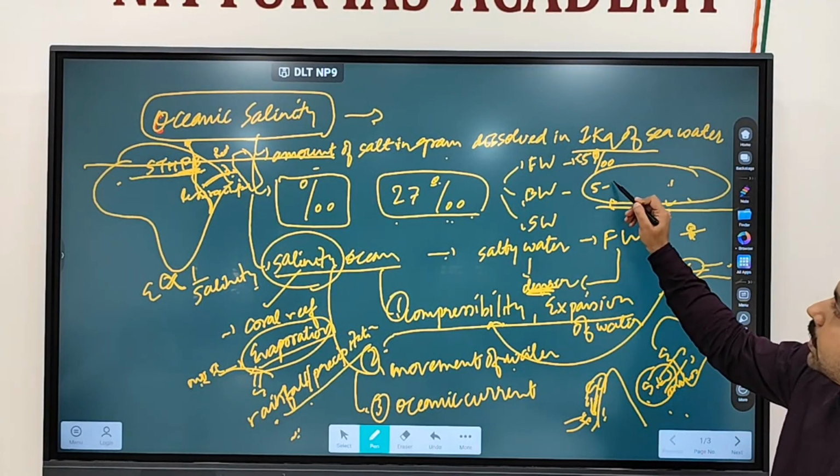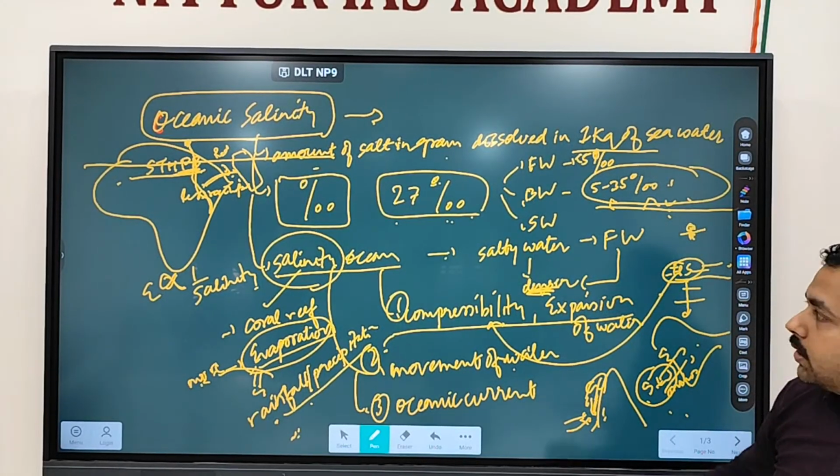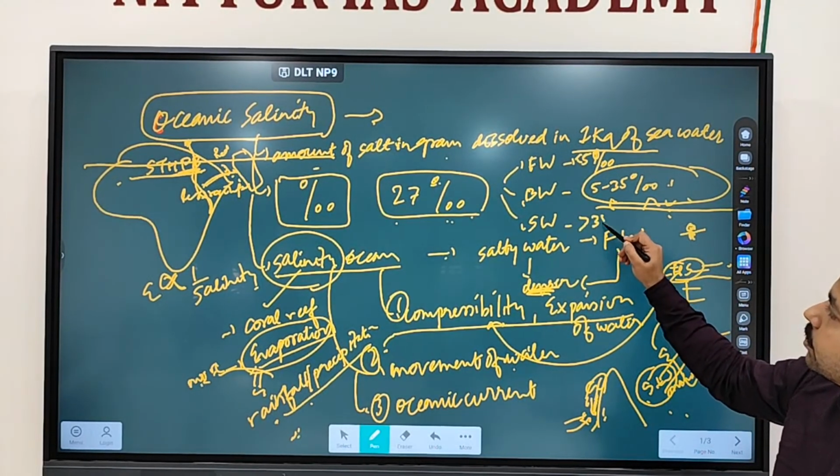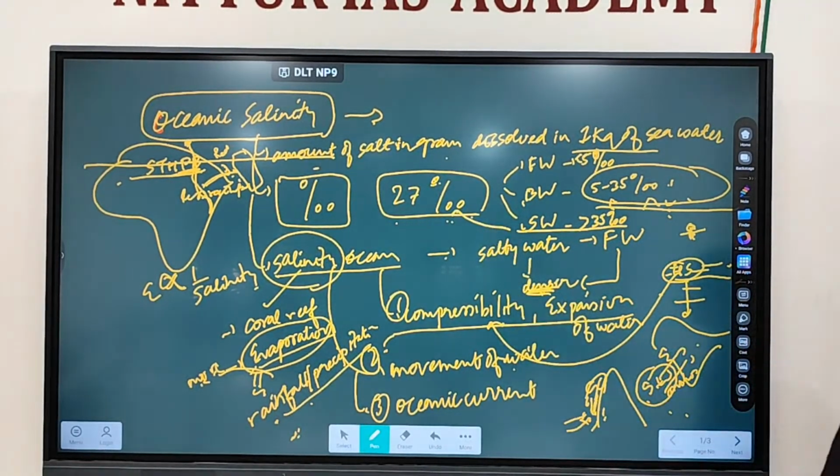We discussed 5 to 35, then it is brackish water. Greater than 35, then it is salt water. So when the salinity content is greater than 35, it is called saline water or salt water. Fine. Any doubt regarding this? So fresh water, brackish water, and saline water.